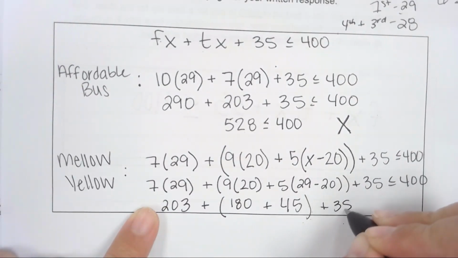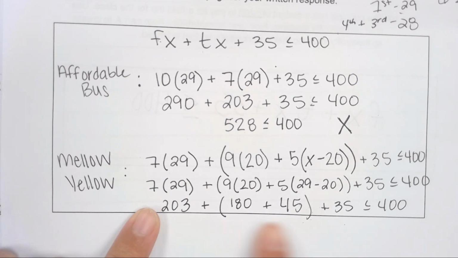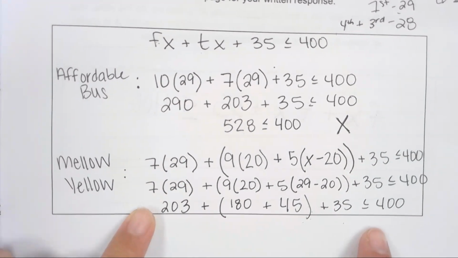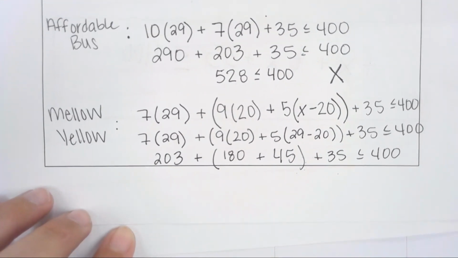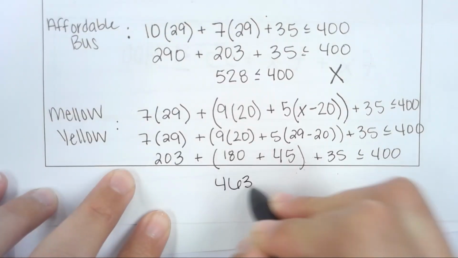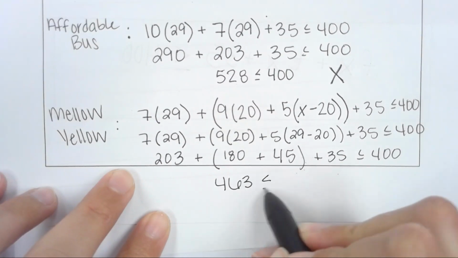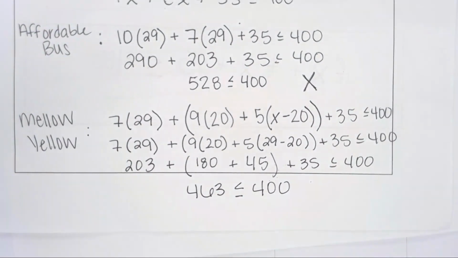All that plus 35 is less than or equal to 400. And then I still need to keep simplifying here, so I still need to add up all these numbers. So 203 plus 180 plus 45 plus 35 equals $463. And all of that in our inequality should be less than or equal to 400.